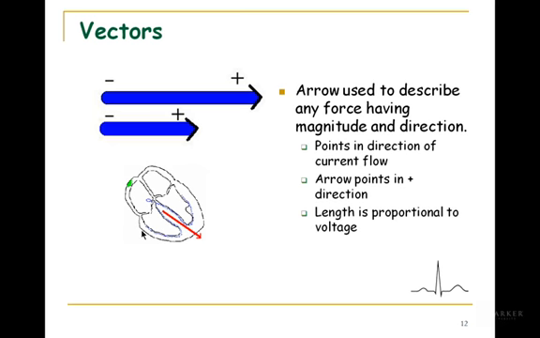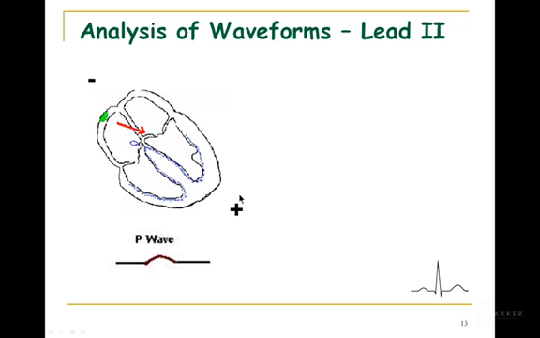Okay, so let's look at the P wave. We're looking at what you'd see in a lead 2, because lead 2 always gives you the best looking waveforms. So, the vector associated with the atria shows you the average direction of current flow within the atria.